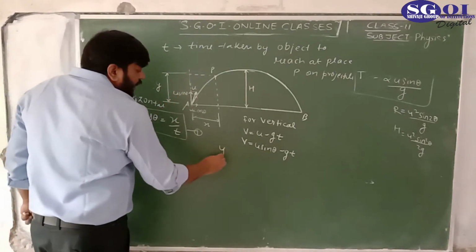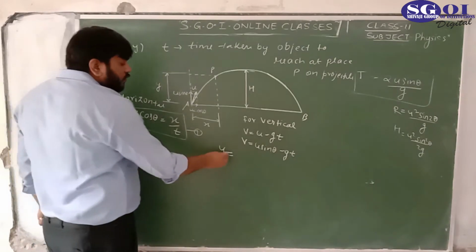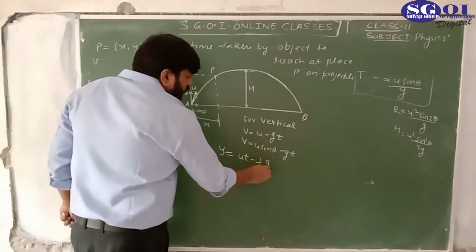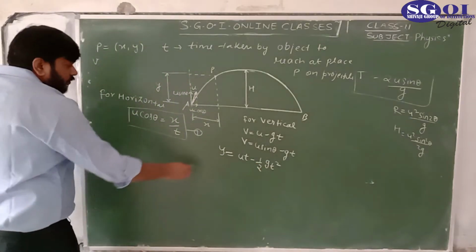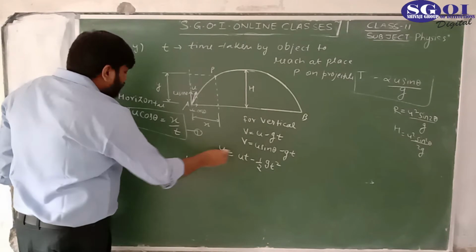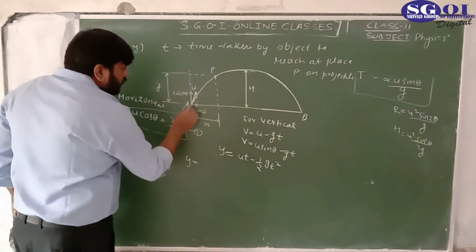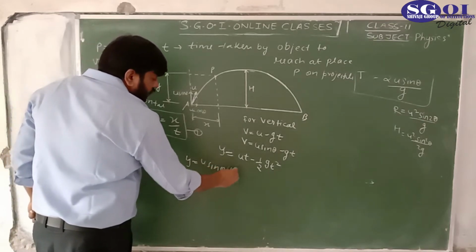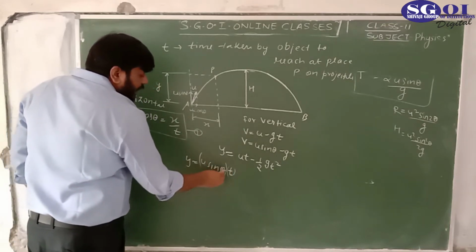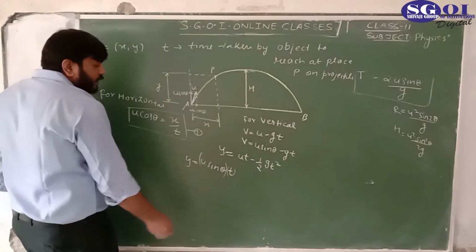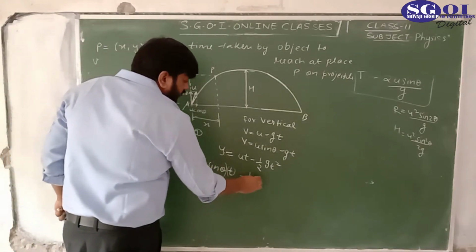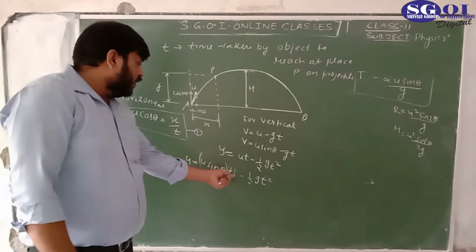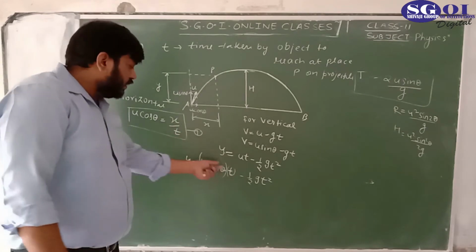Now the displacement y equal to ut minus half gt square, so y equal to u sin theta into t minus half gt square, where the initial velocity in this direction is u sin theta, and t is multiplied with u sin theta. Now we are going to put the value of time from this equation into this equation.